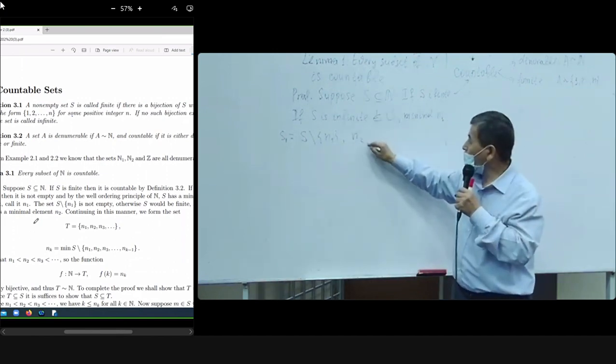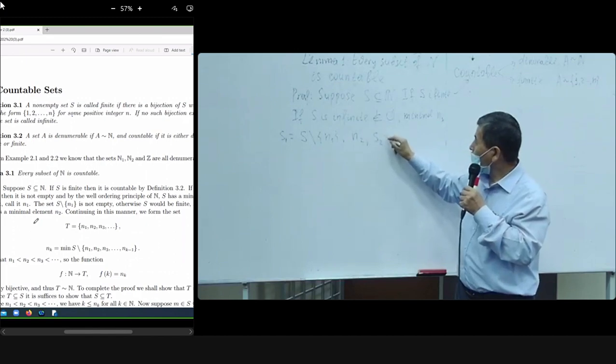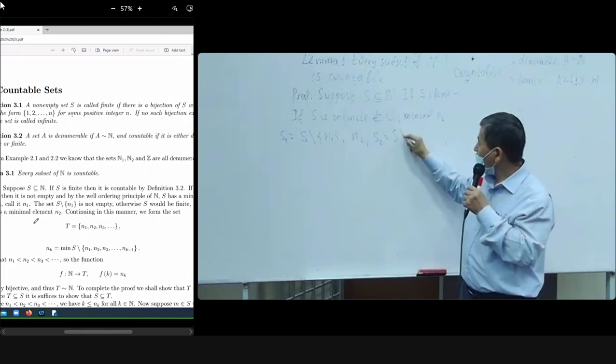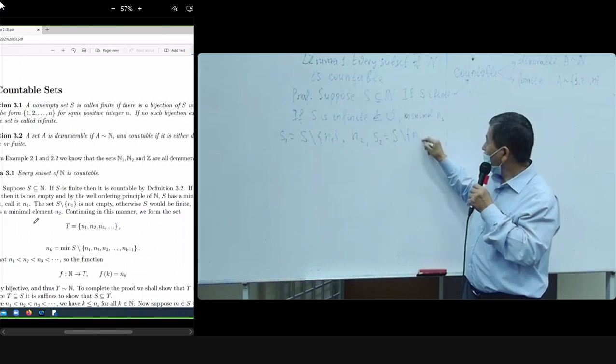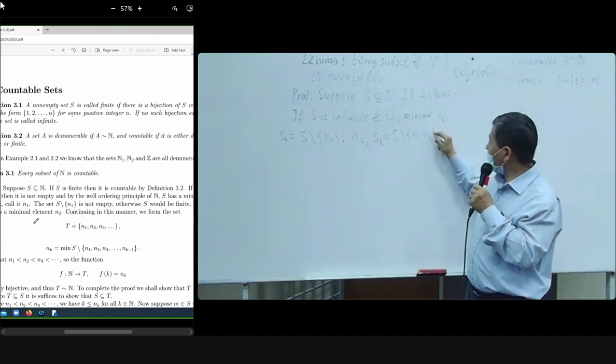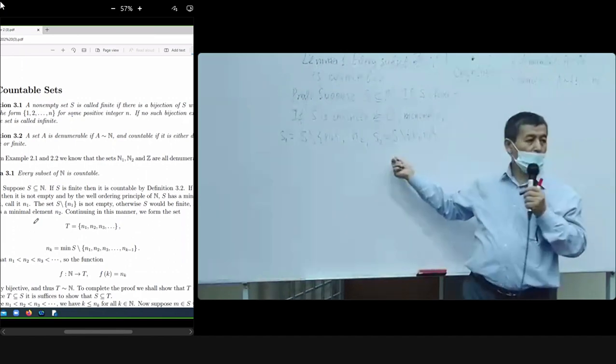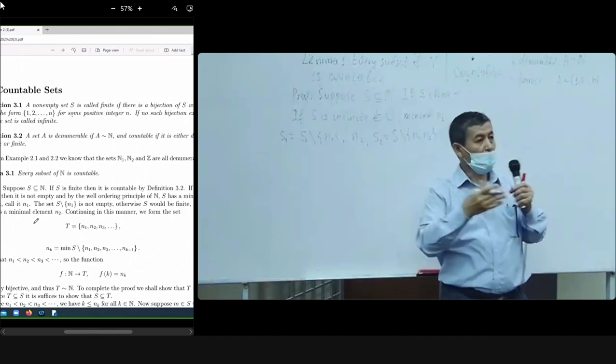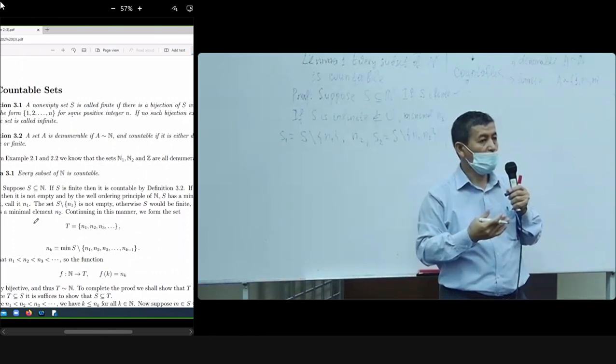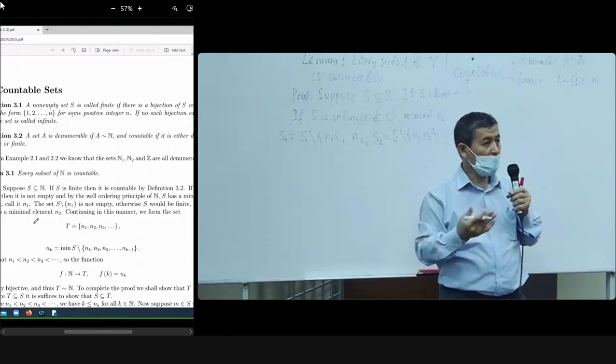So look, if from S I take out these two minimal elements, this S2 still has infinitely many elements, right?